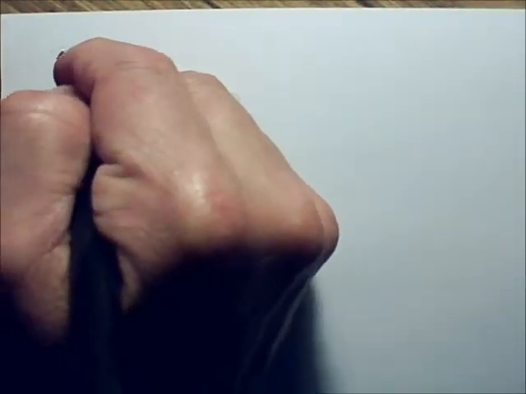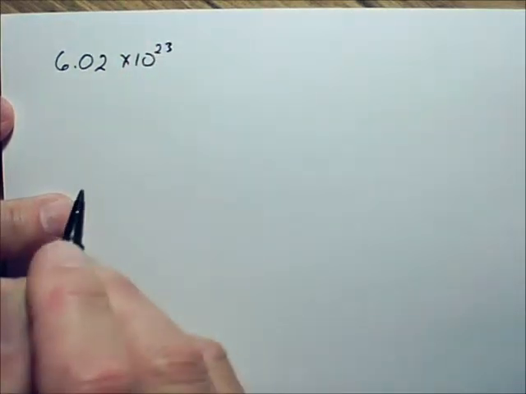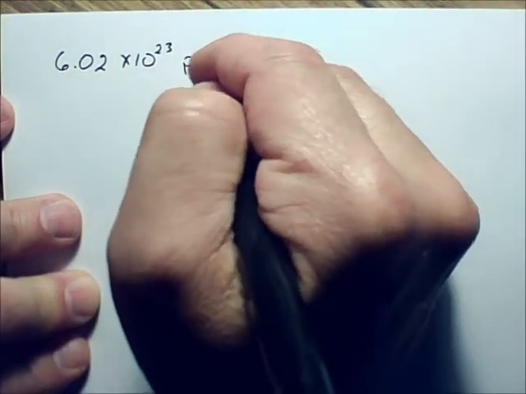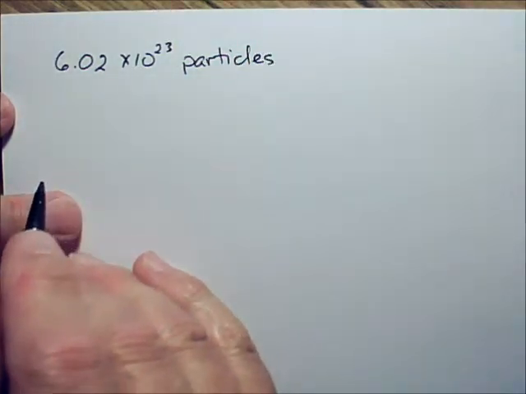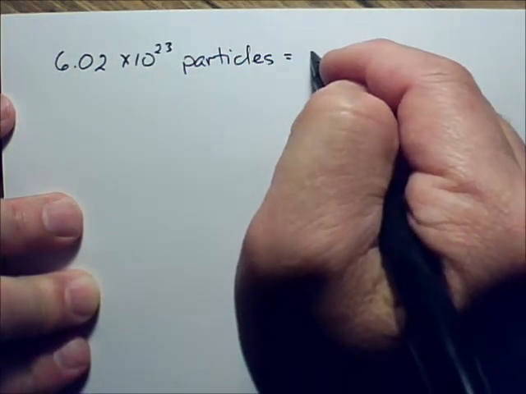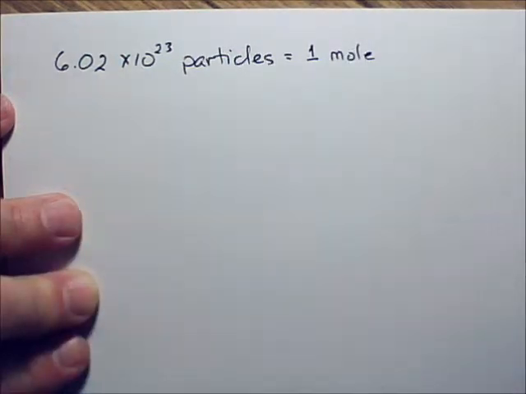Great. You shouldn't have to relearn that. You should know that there are 6.02 times 10 to the 23rd particles of anything in one mole of that same thing.